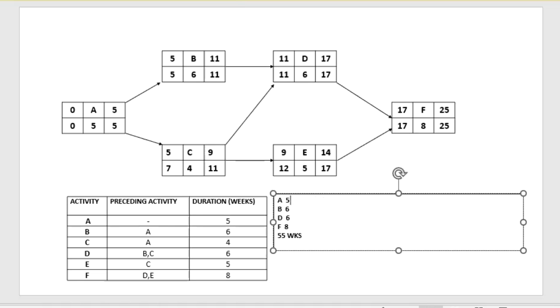All right, so let's look for the other path now. We're going to look at path A, C, D, F. A is 5 weeks. C is 4 weeks.